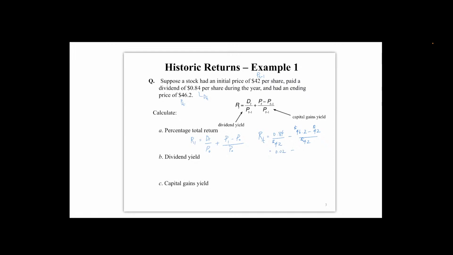And then 46.2 minus 42 divided by 42 is 10%. I said minus, but it's an add, I don't know why I put minus. So this is 12% total. The dividend yield is 2% and the capital gains yield is 10%.